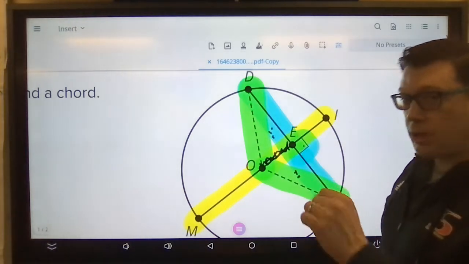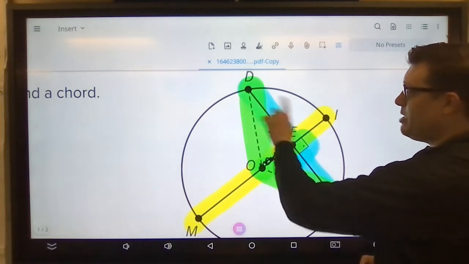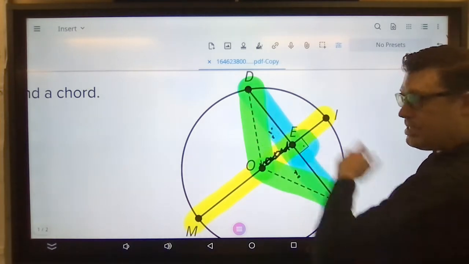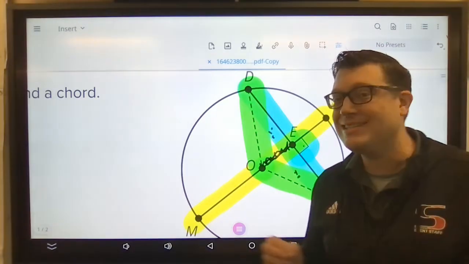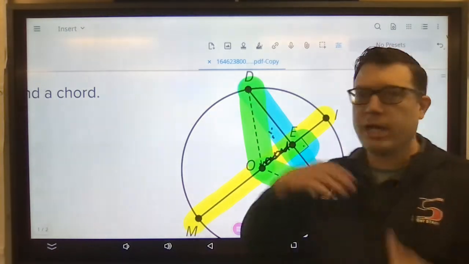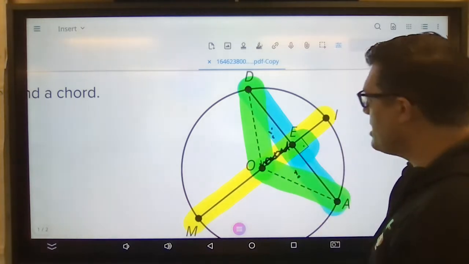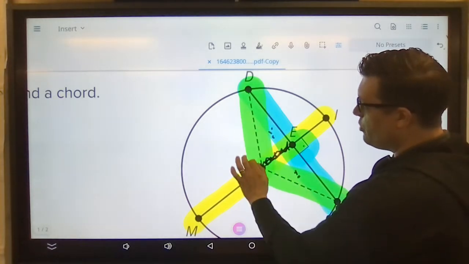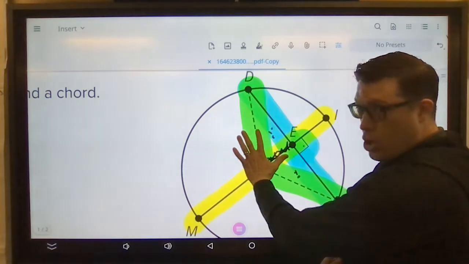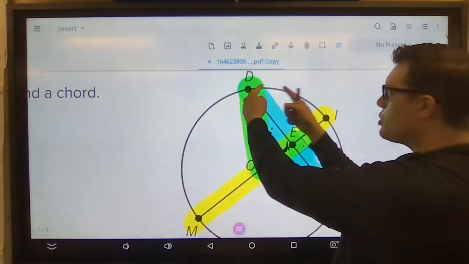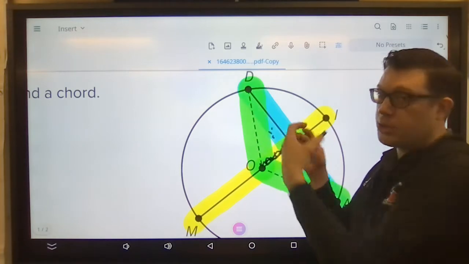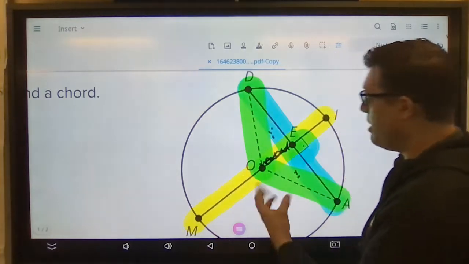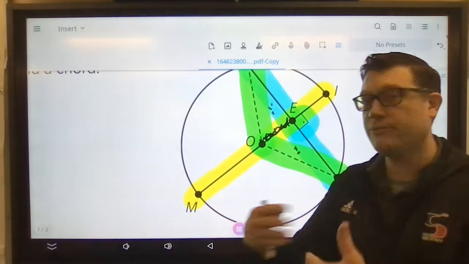And then we're also going to prove in this step that ID, the arc from I to D, is the same as the arc from I to A. Now, in order to set that up, we're going to be using something that we've been working on through this entire module. It's that this angle DOE creates an intercepted arc, a central angle and an intercepted arc, so therefore they're the same measurement, amount of degrees.